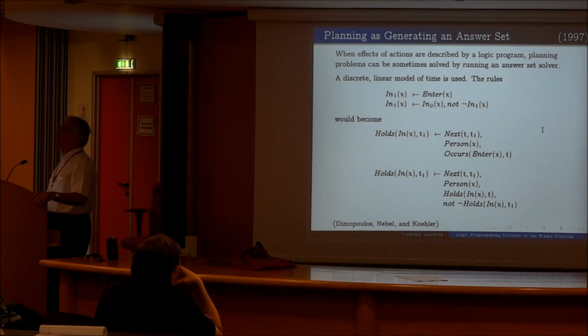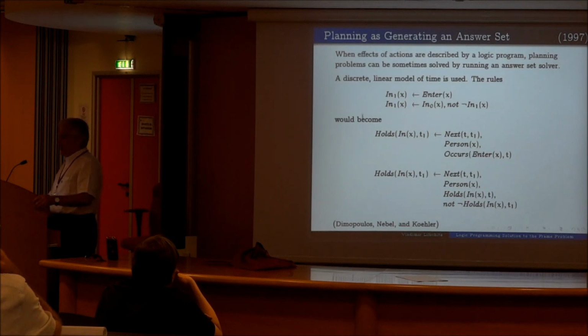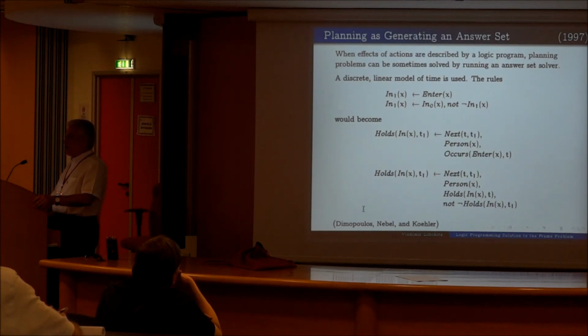Instead of just talking about time 0 and 1, you have to add a variable for time, and you can think of the possible values of this variable as numbers from 1 to n. So instead of the rules that you saw before, you would write rules like this. Instead of saying in(x), you would say in(x) holds at time t1.